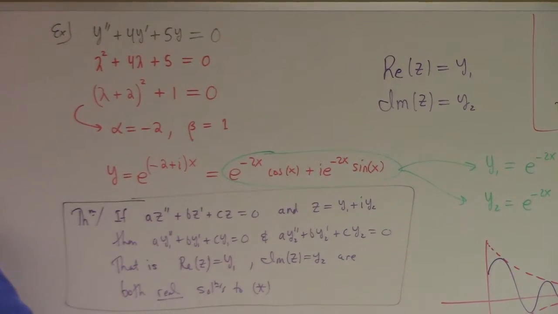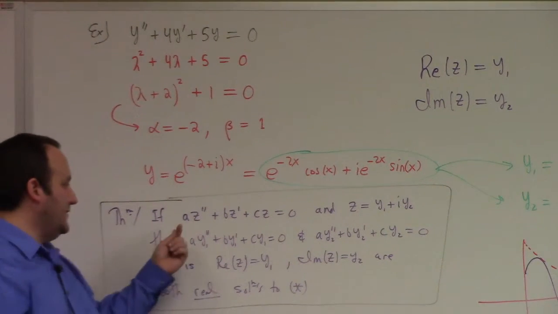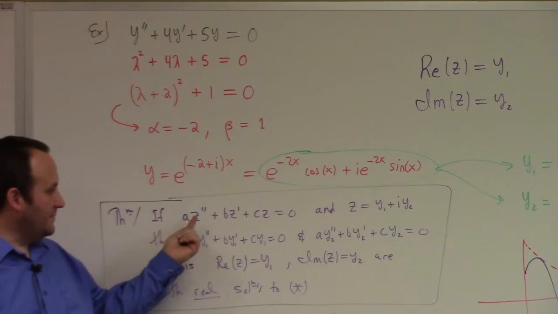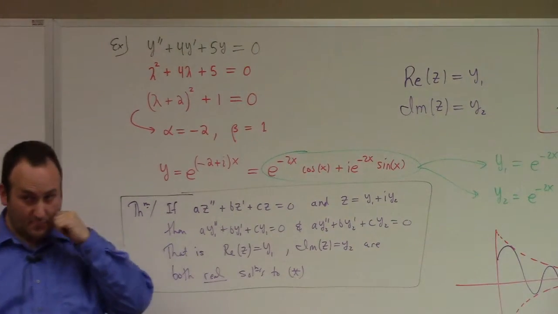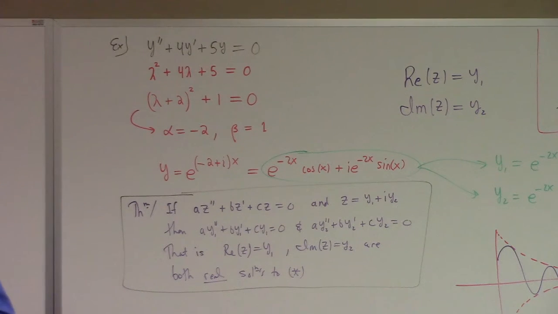Here's the theorem. If you have a z prime prime plus b z prime plus c z equals 0, with a, b, and c real numbers, I'm just changing the letter to z.